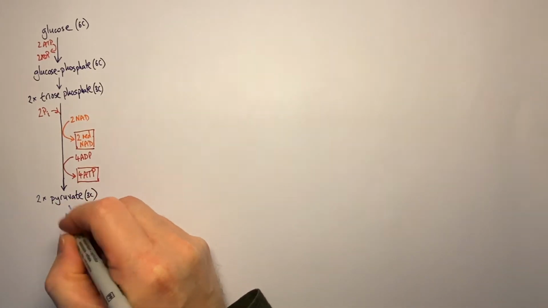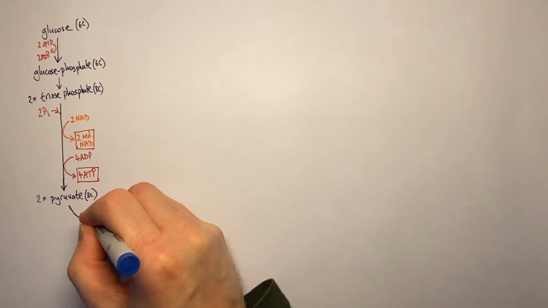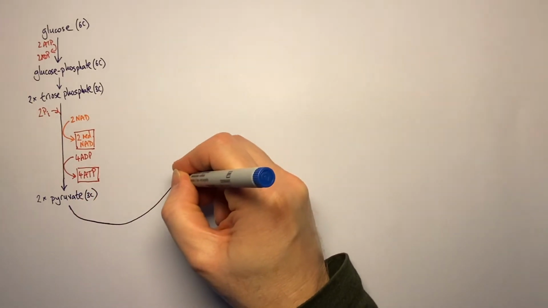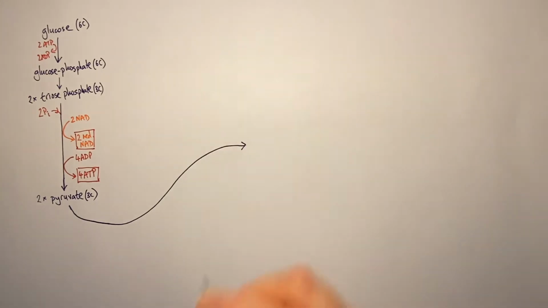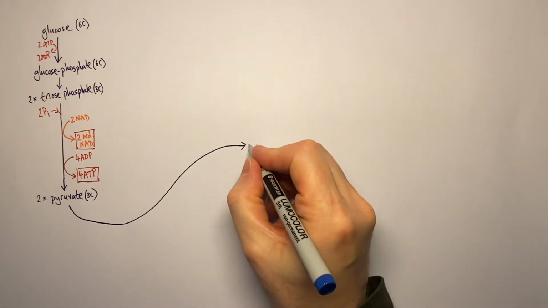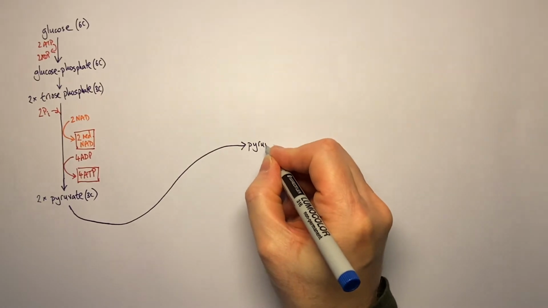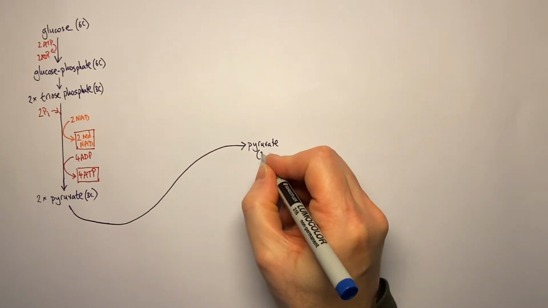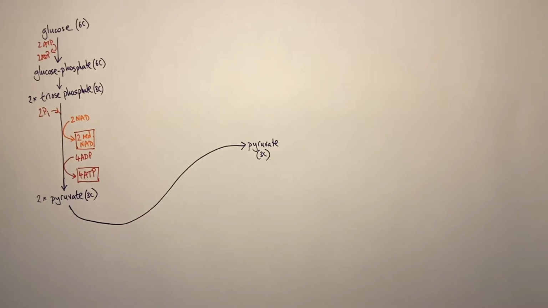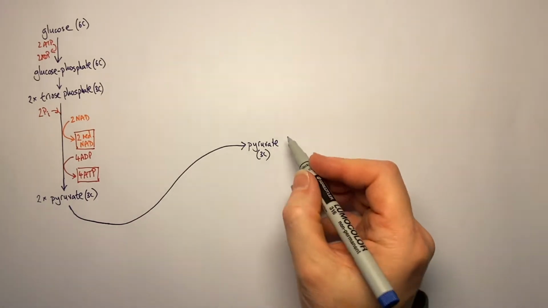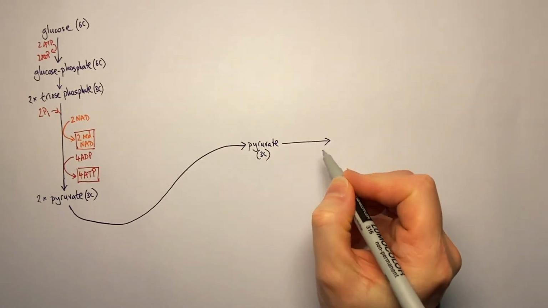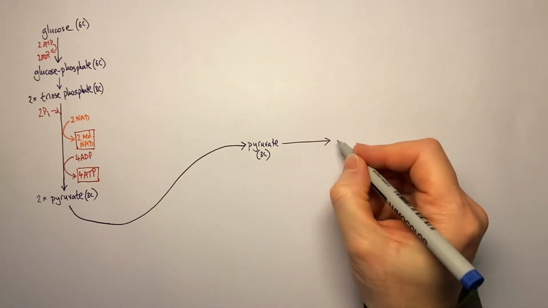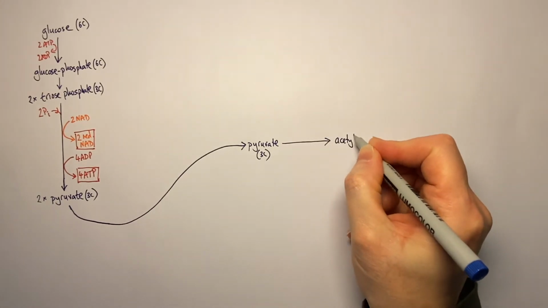So pyruvate is actively taken up into the matrix of the mitochondrion. And it initially undergoes a reaction called the link reaction. And at this stage, pyruvate is converted into acetyl groups.